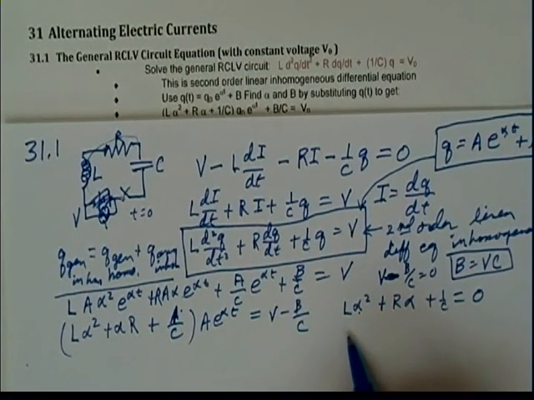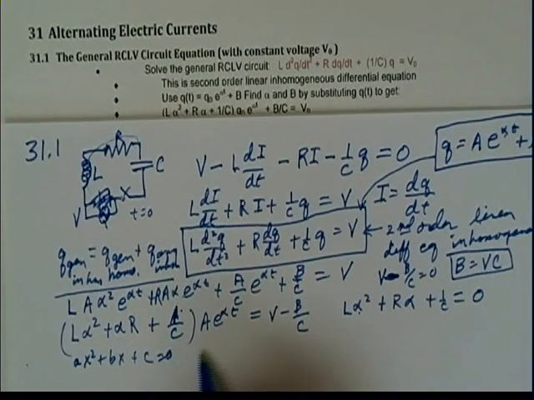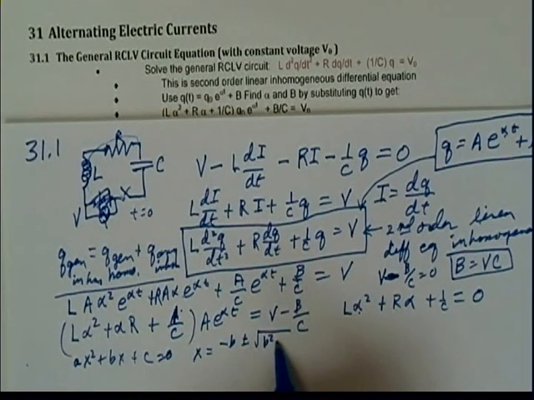And you recall that the solution to the quadratic equation, where we have ax squared plus b times x plus c is equal to 0, is x is equal to minus b plus or minus the square root of b squared minus 4ac, divided by 2a.